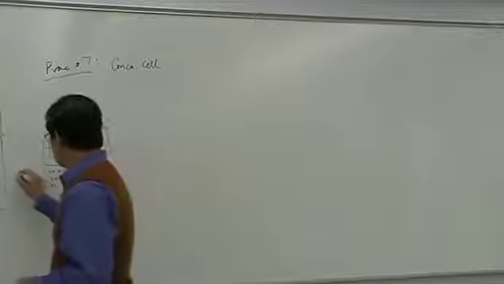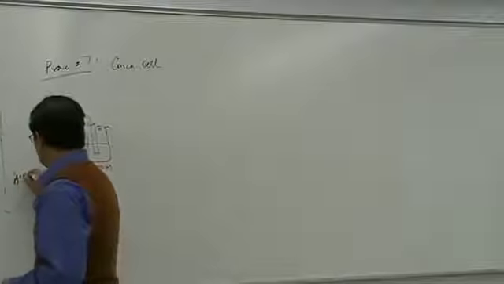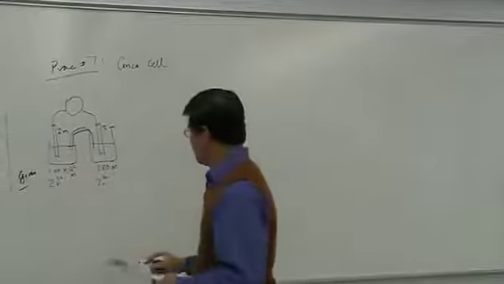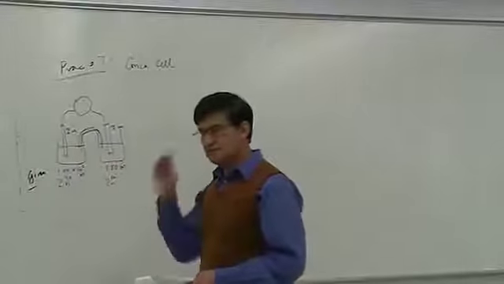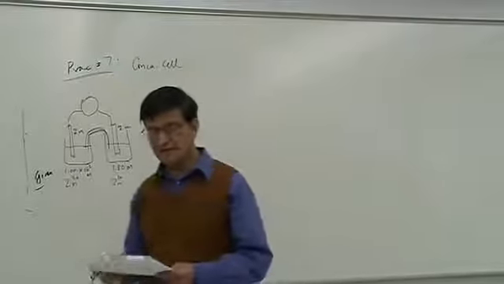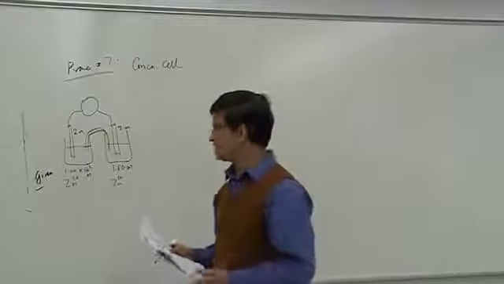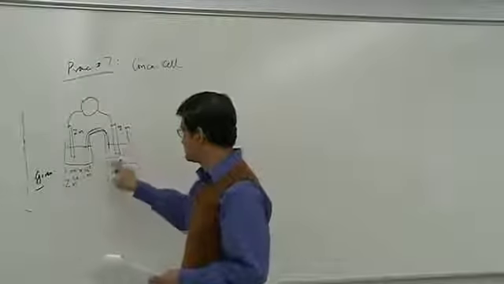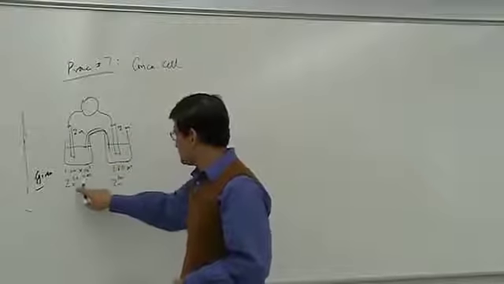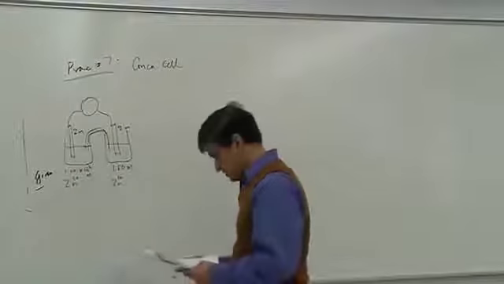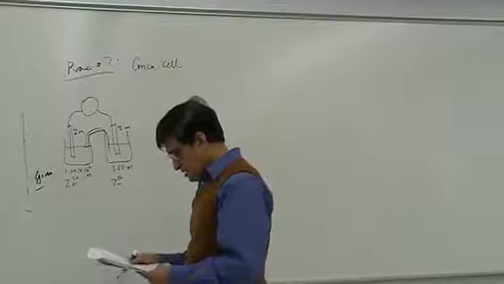Let's write down this given. This is a concentration cell. Don't confuse this with another cell where you have copper on one end and zinc on another end. That's not a concentration cell because the electrodes are different. But here, electrodes are the same, everything is the same except the concentration of the same chemical on both ends.